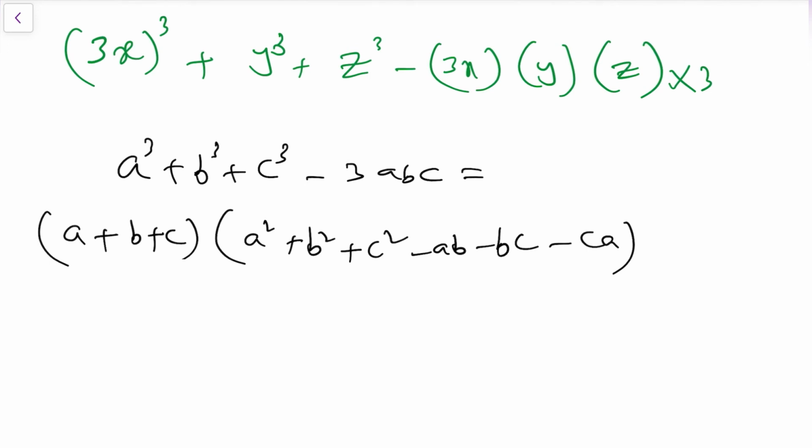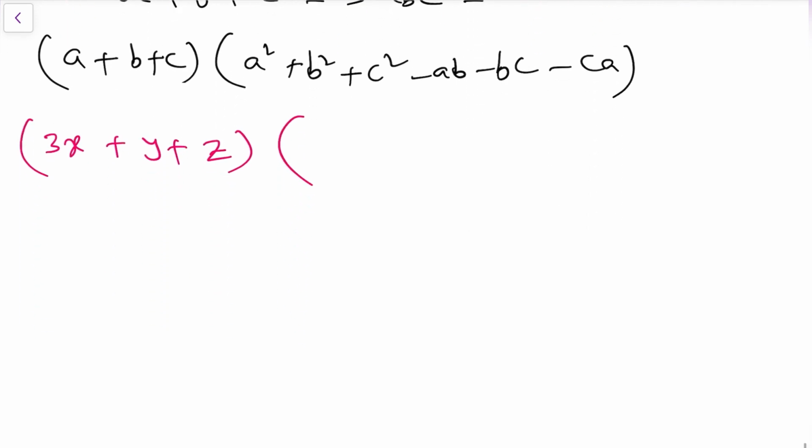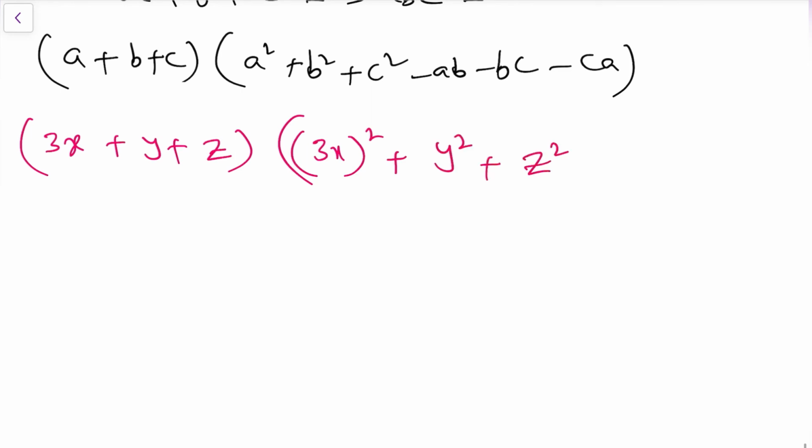Okay, a plus b plus c, that is nothing but 3x plus y plus z into a square 3x whole square plus b square y square plus c square z square minus a into b 3xy minus b c yz minus ca 3xz.